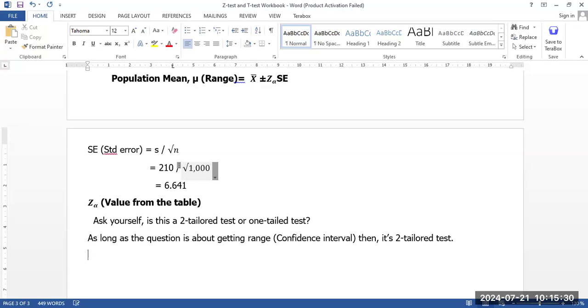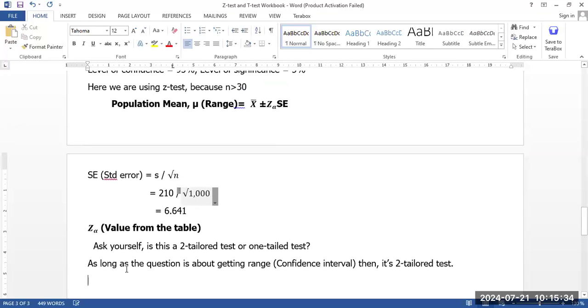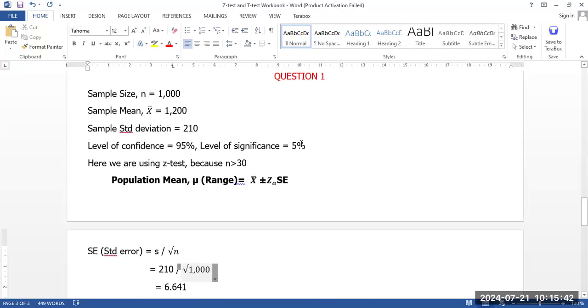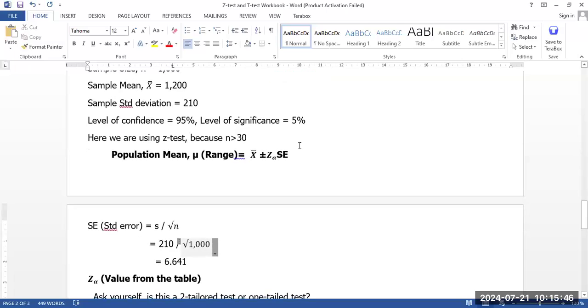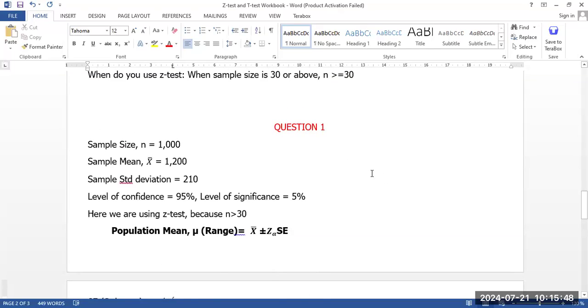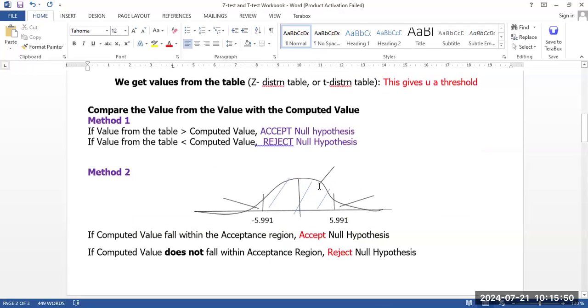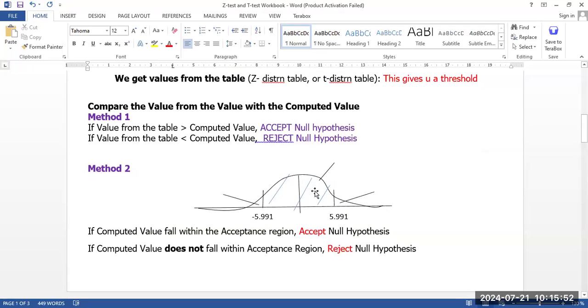And if it is a two-tailed test, it means what? It means that as you go to read the value from the table, you immediately first get this value and divide by 2. The reason why you're dividing it by 2 is to create this. Are you seeing that?